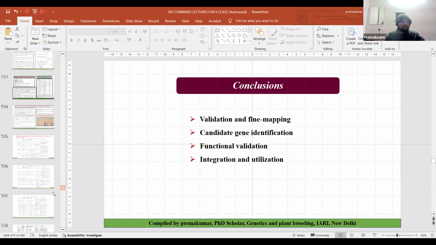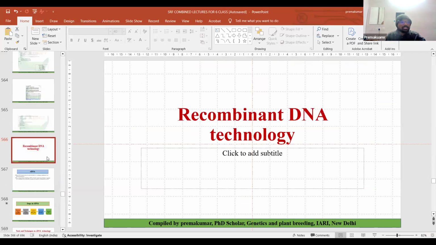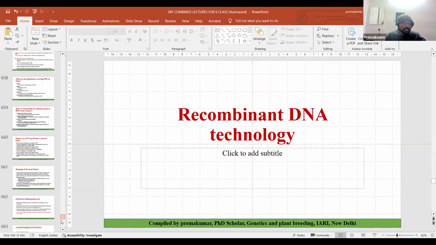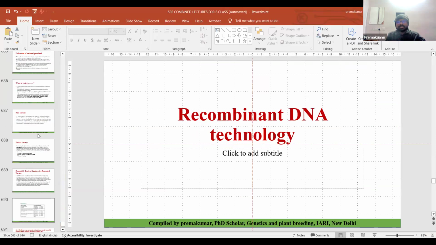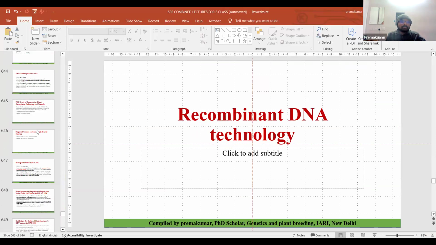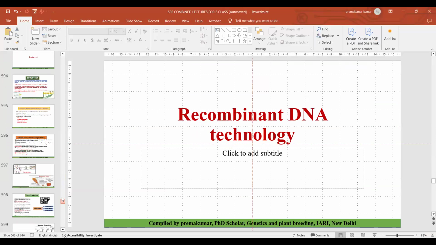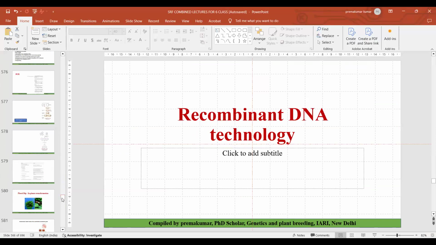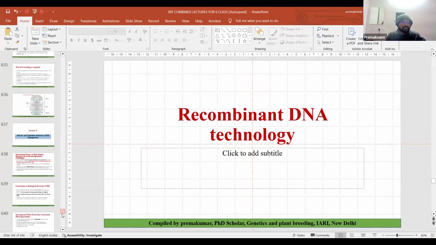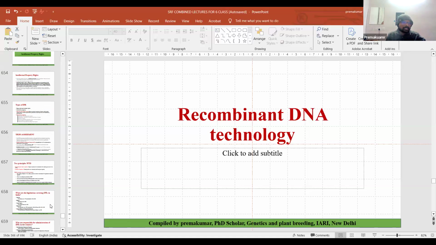Then after that, maybe I will teach recombinant DNA technology. I will try to finish all of unit 5 within 15 days. Gene cloning will also come under the recombinant DNA technology concept; in that only I will deal with all those things.